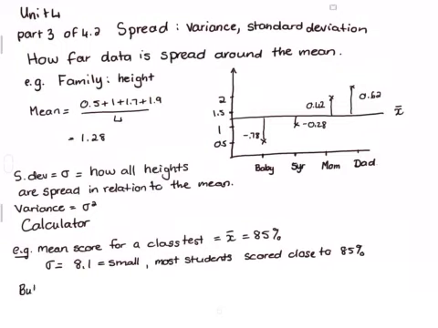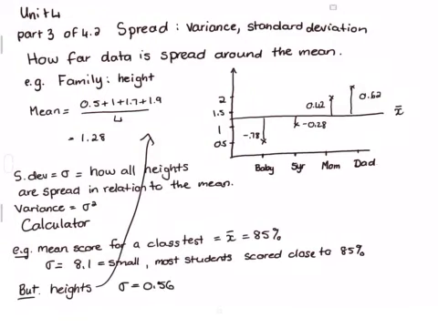But on a different one, if we look at the heights of our family above, the example we did there, the sigma is 0.56.